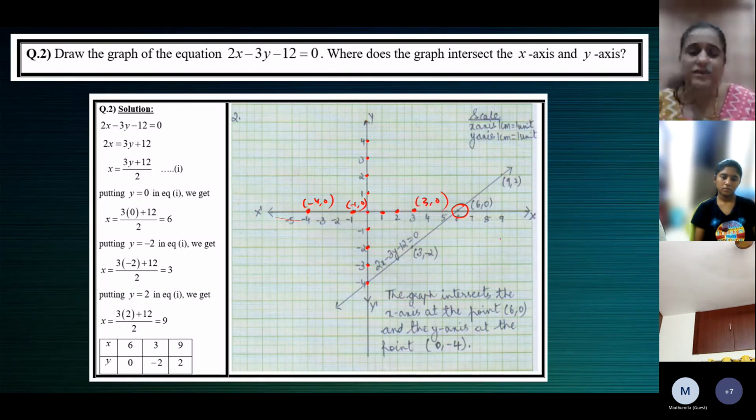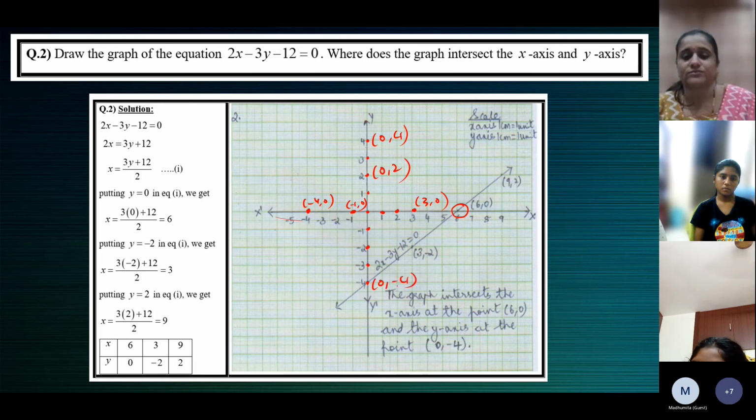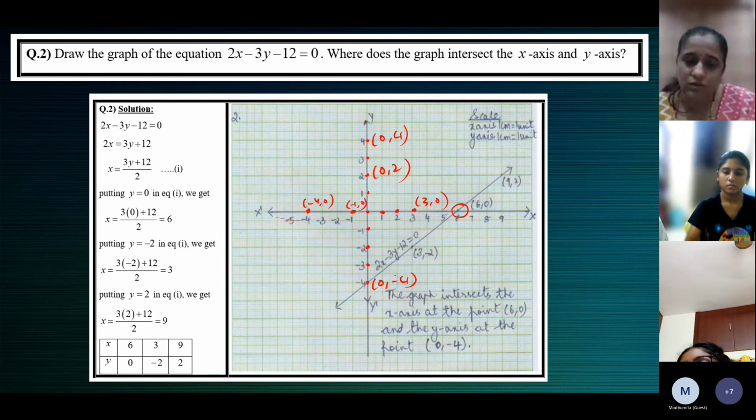On the x-axis, y is always 0. And on the y-axis, x is always 0. The address of this point is 0, 4. This one is 0, 2. And this one is 0, -4.